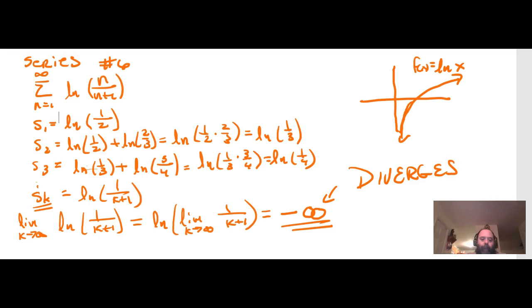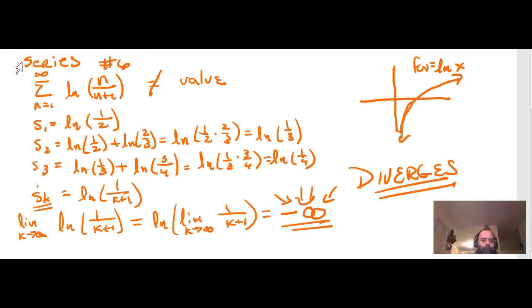I only get this converging if this goes to some finite value, but because it does not, it goes toward negative infinity. This diverges.